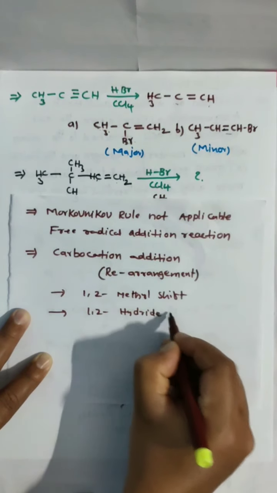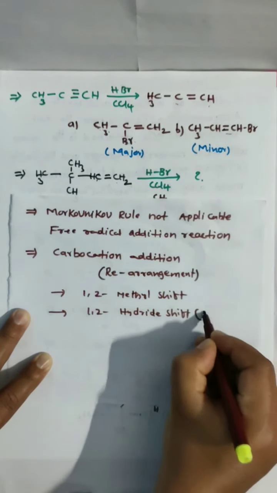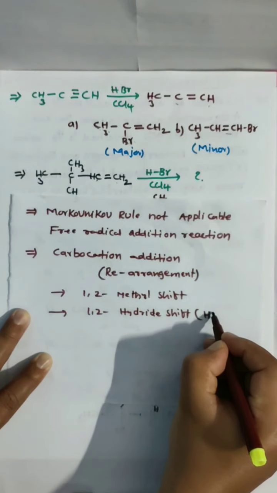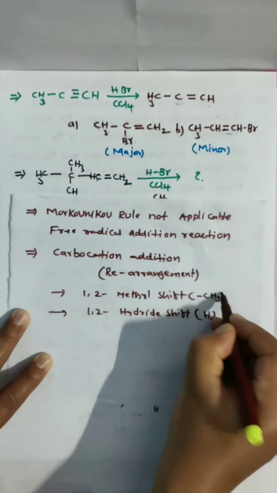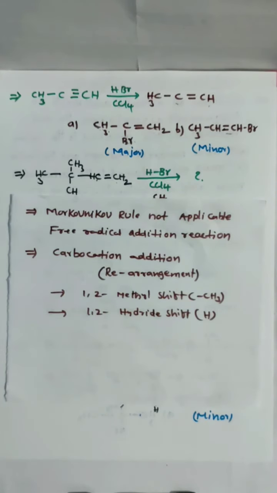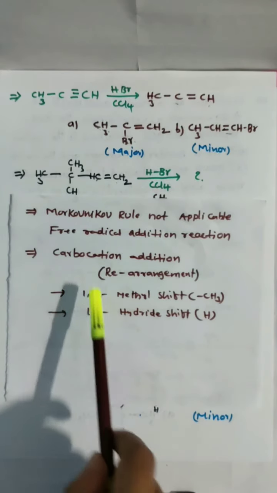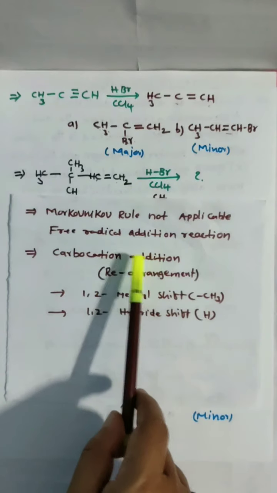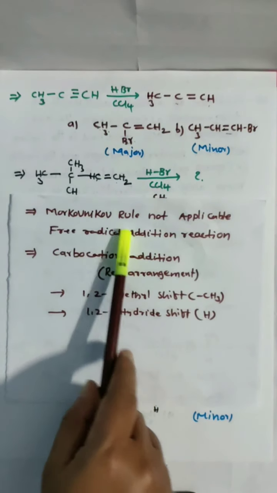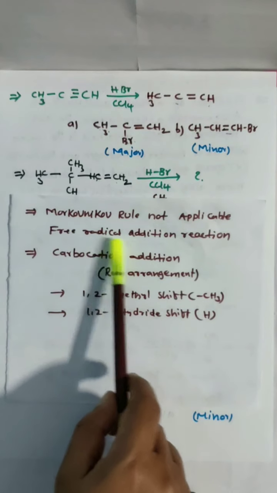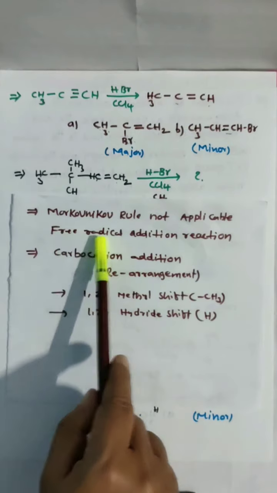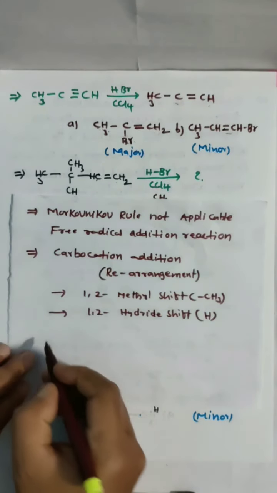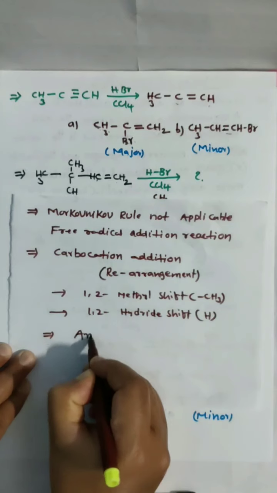Why do we call it a hydride shift? Here H is being removed, that is rearranging. Here methyl is rearranging. That's why the Markovnikov rule is applicable where a carbocation is possible, not for free radicals. In the free radical mechanism, we do not apply the Markovnikov rule. But what we have to apply if free radical addition is there is the anti-Markovnikov rule.